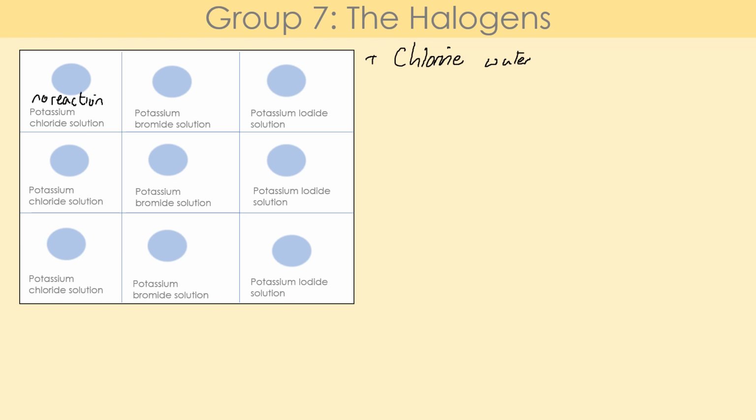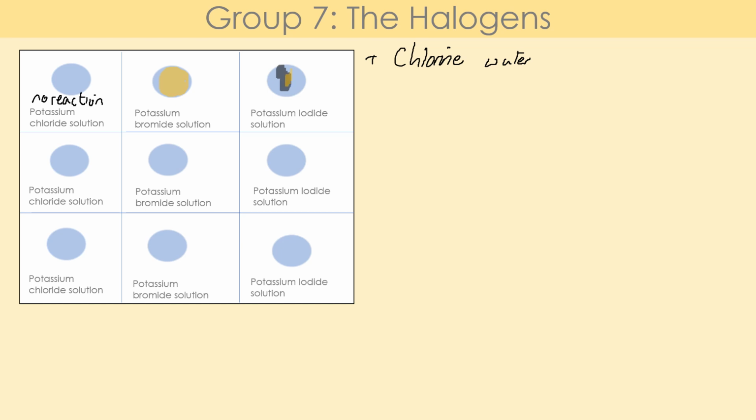If I add my chlorine water to potassium bromide, I get sort of a yellowy orangey liquid forming. So it will change colour a little bit. And then if I add it to potassium iodide solution, I get sort of a browny blacky colour appearing.